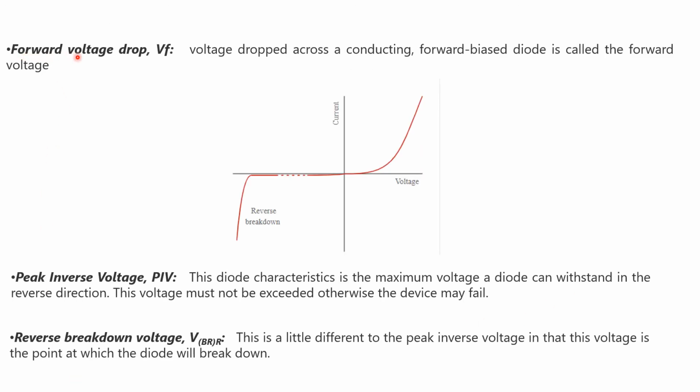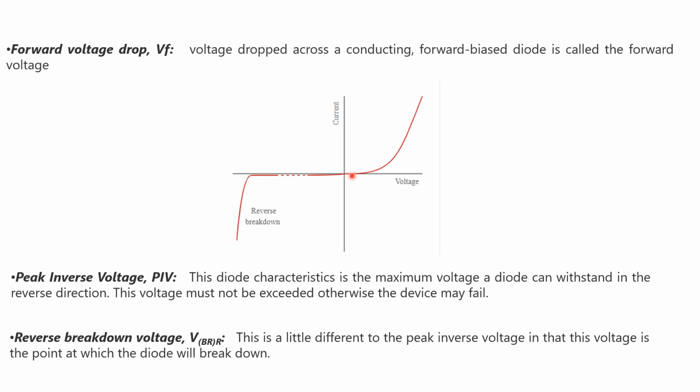Next important is forward voltage drop. What does it mean? Basically, the diode is in the off condition. When you start giving a small voltage supply to it, it will not start conducting. Until it starts conducting, you will always find a drop across it, and at a certain point it will start conducting. That is the forward voltage drop. Let's consider silicon at 0.7 volt. If you apply 0.6 volt or less, it will not conduct.